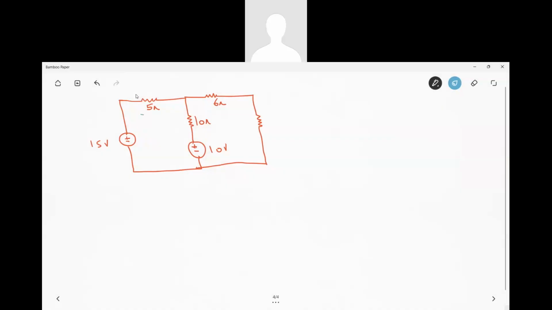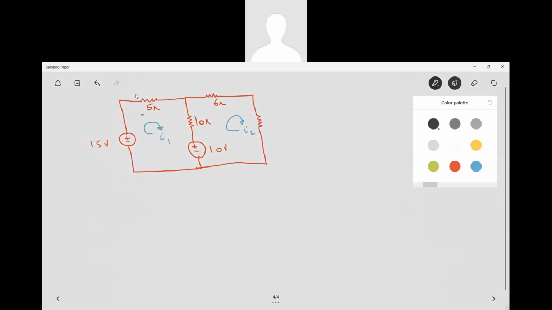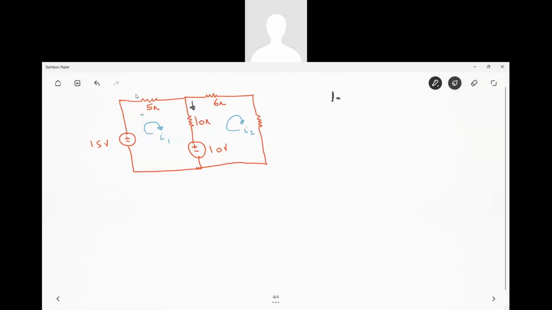Here you start with this. First you have to name the direction, I1 and I2, like this. If you are looking at loop 1, this is your loop 1, and this is your loop 2. For loop 1, the X value would be equal to that loop current, that is I1 minus I2.